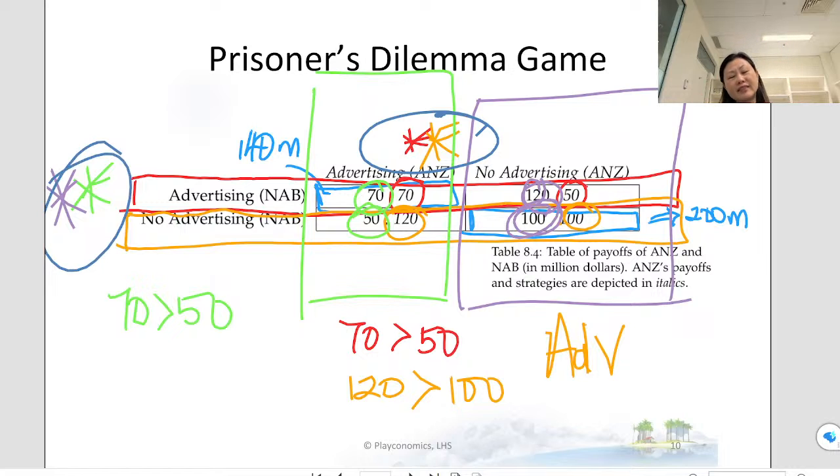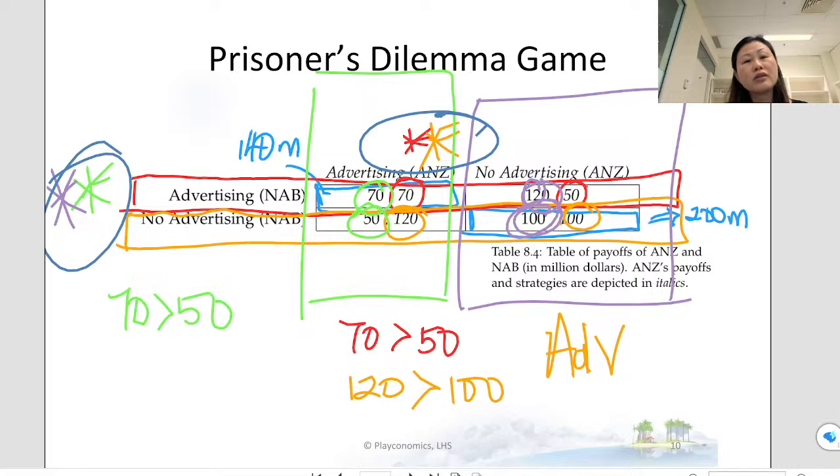So basically what we are seeing is that there are two asterisks here for ANZ, the two asterisks here for advertising for NAB. Therefore, the dominant strategy for NAB is to advertise, and the dominant strategy for ANZ is also to advertise. What that means is that it is optimal for ANZ to advertise both when NAB advertises and when they don't.